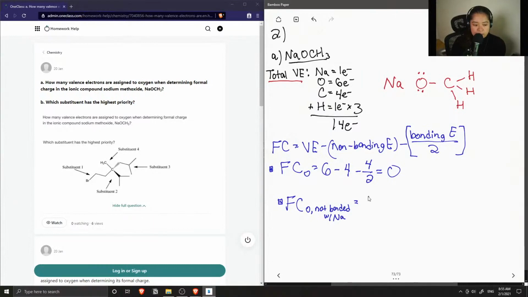So again, it would have 6 valence electrons, 4 non-bonding electrons, but this time there's only 1 bond, so we have 2 bonding electrons divided by 2. So 6 minus 4 minus 1 is 1.